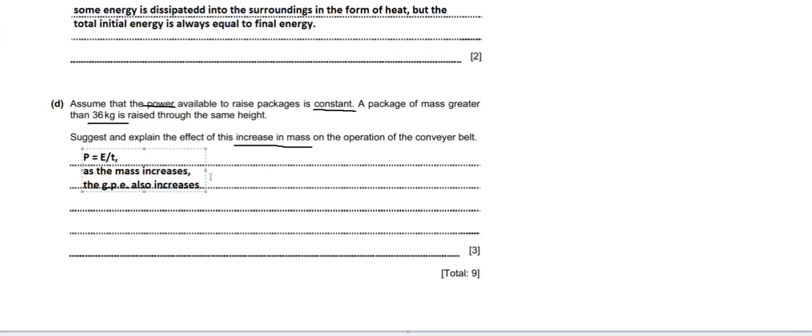Okay, as the mass increases, the gravitational potential energy is also greater, and there will be the increase in the gravitational potential energy, because here E is nothing but mgh. So if you increase the mass, of course there will be the greater gravitational potential energy.